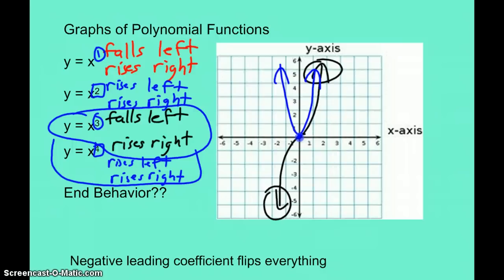So what observation we can make there is any function that is of an even degree, in other words, the highest exponent is even, it's going to leave the screen up. Both left and right will rise. If you have an odd number as the highest exponent, your graph is going to go out opposite sides of the screen. It's going to fall to the left, rise to the right.